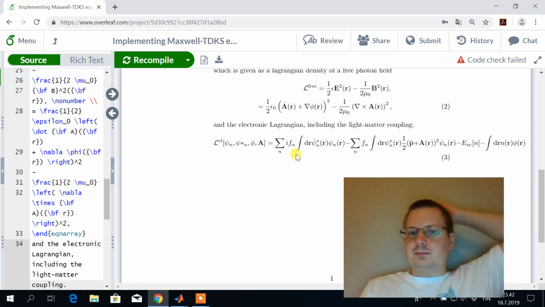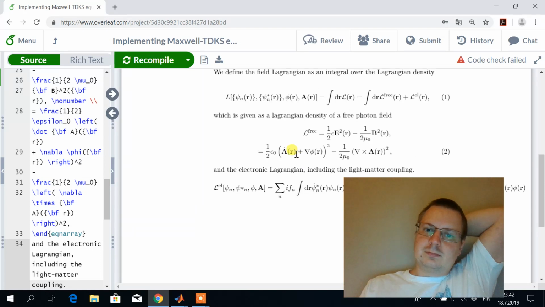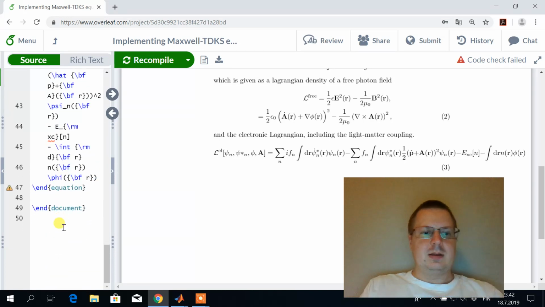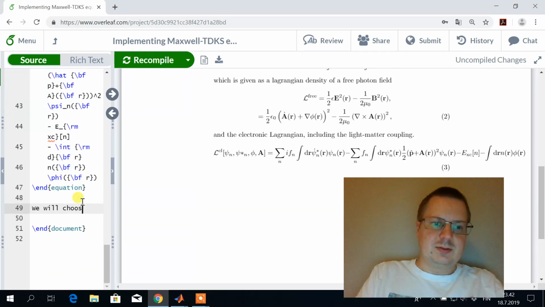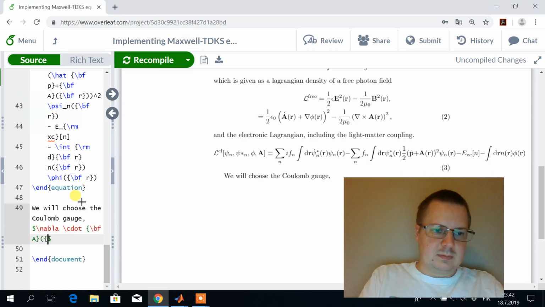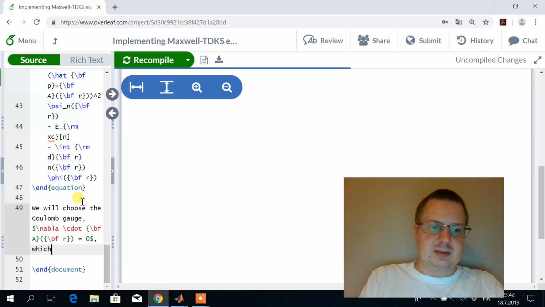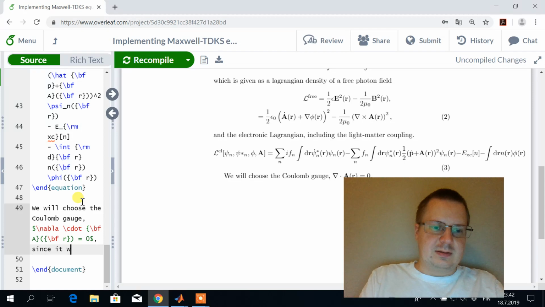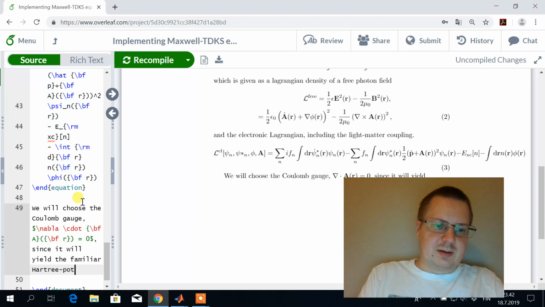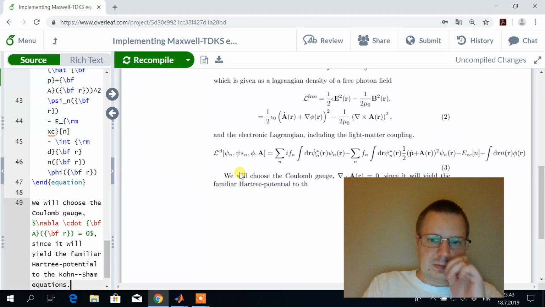Okay. And then we just say that we will choose the Coulomb gauge, nabla dot A equals zero, since it will yield the familiar Hartree potential to the Kohn-Sham equations.